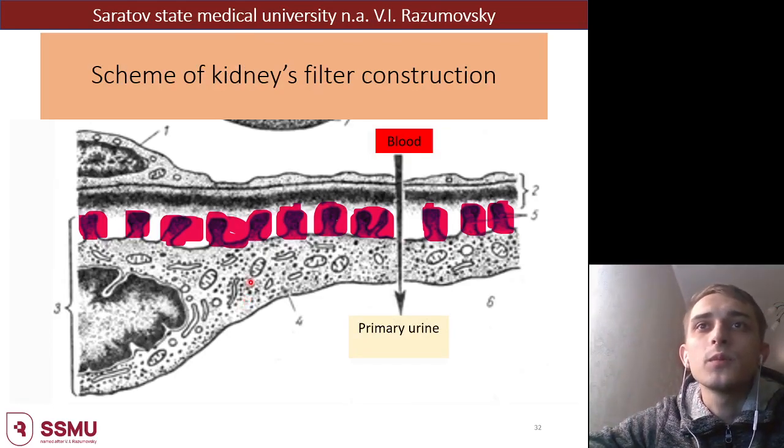On this slide we may see a scheme of the kidney's filter, and we may see the lumen of blood vessels, and the arterial wall, and under it we may see podocyte and its small pods. This one is a large pod of podocyte and this one is little pods of it.